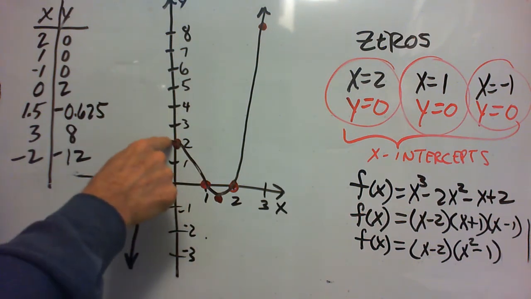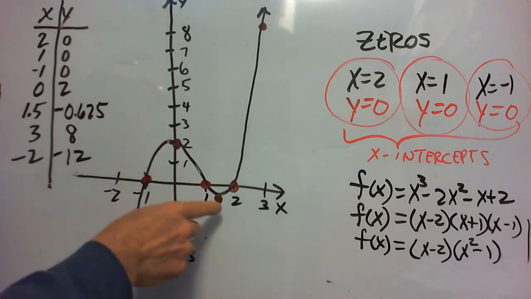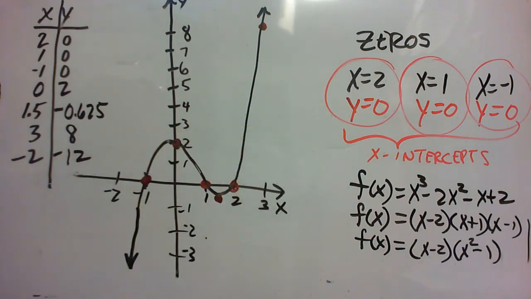Somewhere very close to here is a point where it maxes out, and somewhere close to 1.5 it bottoms out. But we can't do it with what we know from this class. We can approximate it with a graphing program, just zoom in, but we can't find the exact value.